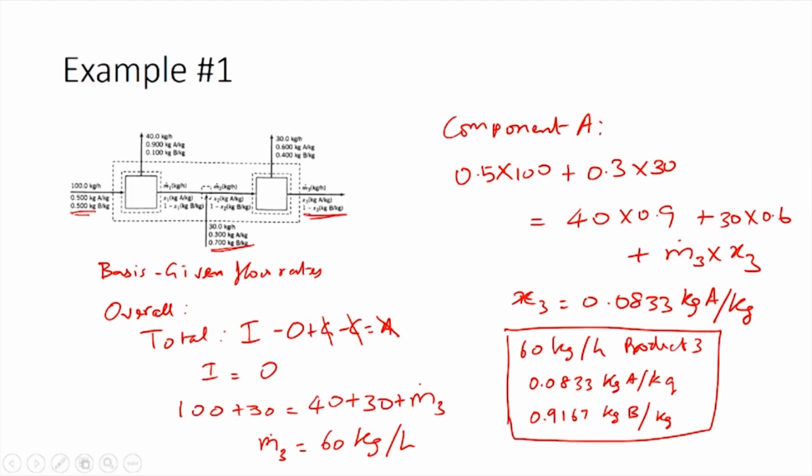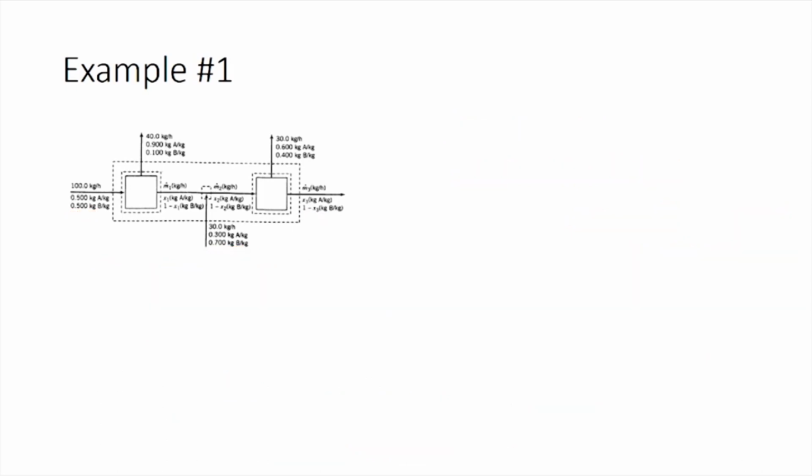So, the next step is to calculate the information for the streams 1 and 2. So, let us start with unit 1, let us just call this as unit 1. When we write a balance equation for unit 1, we will be able to get information about the stream 1. We can write a balance equation for unit 2 to get the information for stream 2.